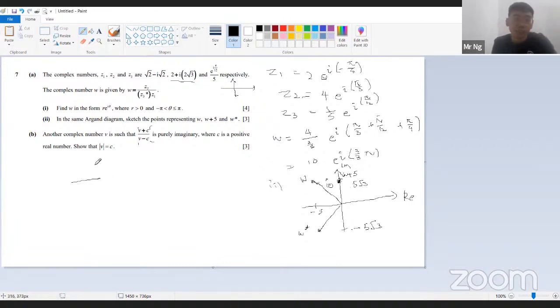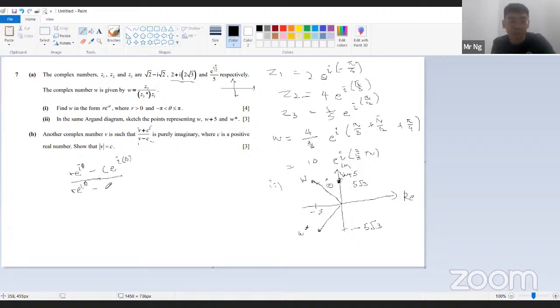So how I go about doing this: complex number is just R e to the i theta. I prefer questions like this that are difficult but easy to execute compared to the others. Whereas this one is C, so it's C e to the i theta.